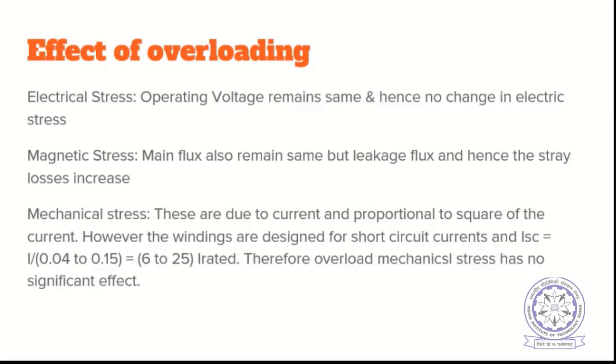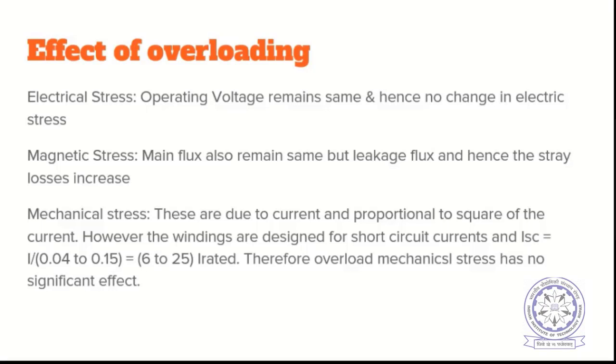So this will cause stray losses. Whenever leakage flux increases, part of it has to go through the core, and part of it will go through the air. Wherever it goes, it will cause eddy current and hysteresis losses.